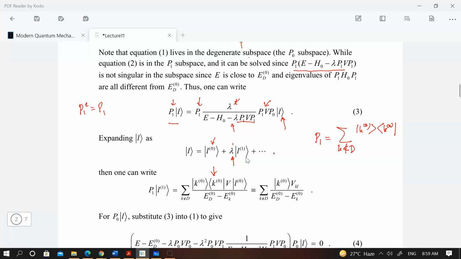Then I have also this, and this will only involve L naught. So L naught, so this becomes, so I would need another P1 here.